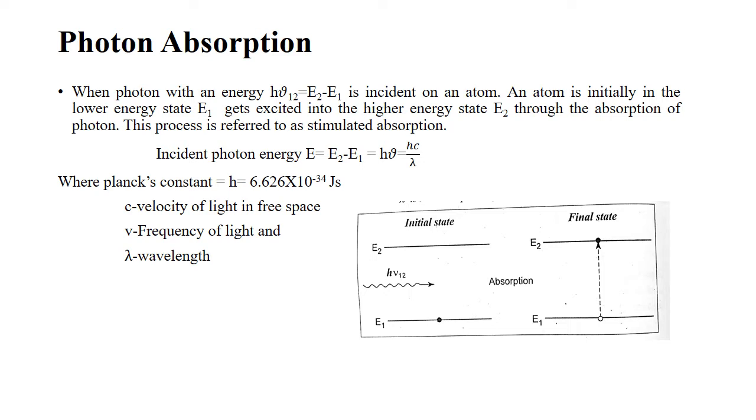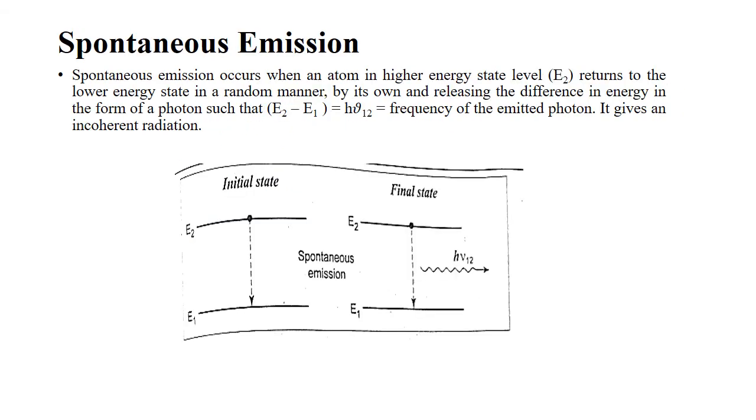When an atom is in the higher energy state E2, it will make a transition to the lower energy state E1, and this emission process can occur in two ways, spontaneous emission and stimulated emission. First we are going to see spontaneous emission.